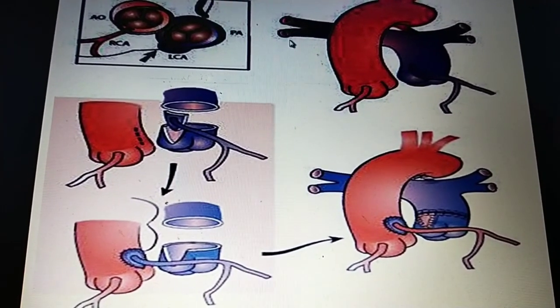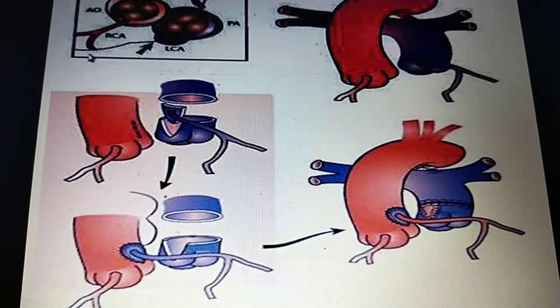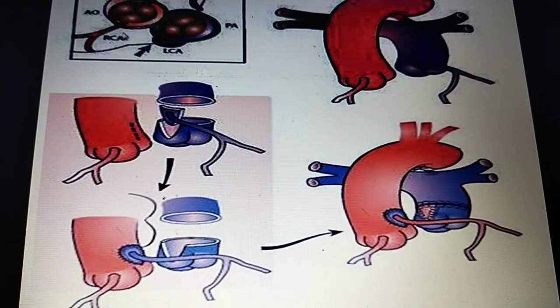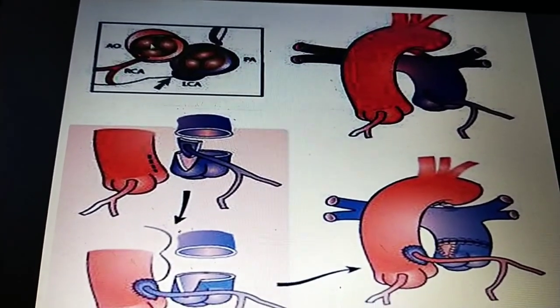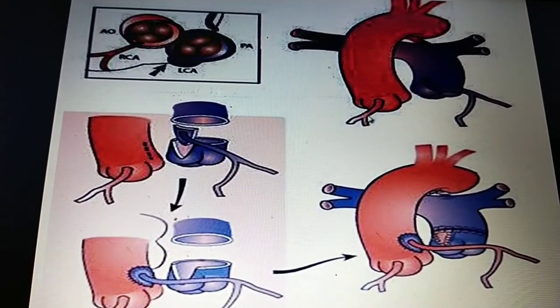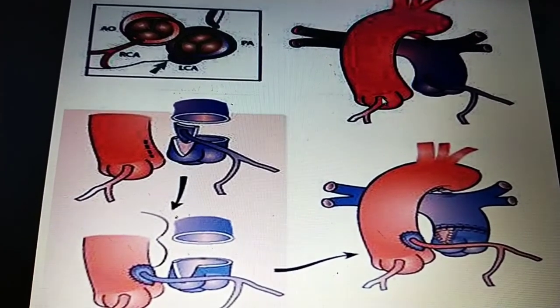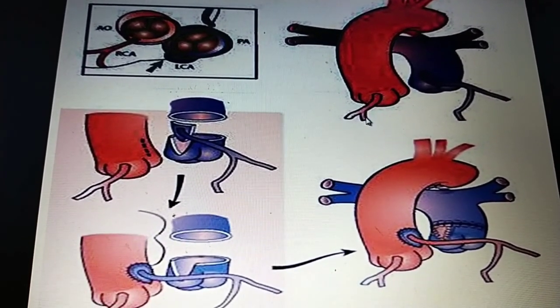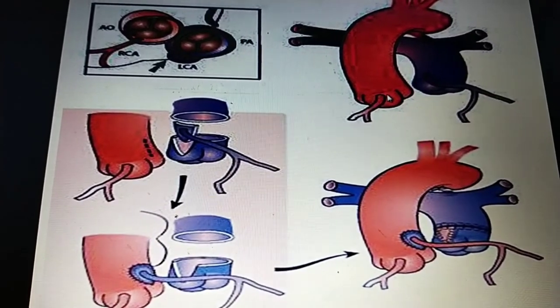Here is another anomaly. Most of the time the coronary arteries arise from the base or root of the ascending aorta. You can see here these are the right coronary artery and these are the left coronary. The right coronary artery arises from the right coronary cusp, and the left coronary artery arises from the left coronary cusp.